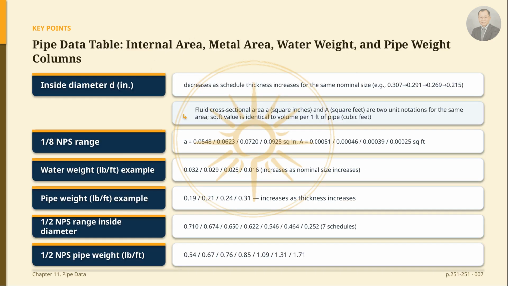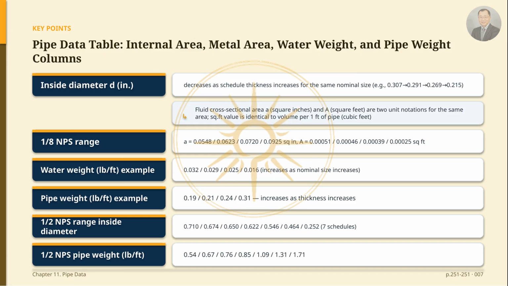This table contains inside diameter, cross-sectional area, and weight data according to the nominal size and schedule of the pipe, showing the correlation where the inside diameter decreases and weight increases as the pipe thickness increases. For example, in the 1/8 in section, the inside diameter decreases from 0.307 inches to 0.215 inches as the schedule gets thicker, and in the 1/2 an inch section, the pipe weight increases from 0.54 pounds per foot to 1.71 pounds per foot.